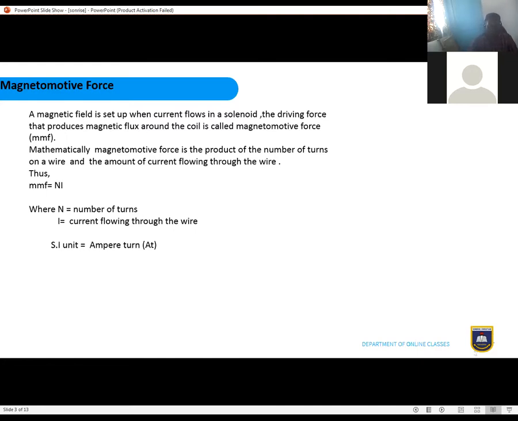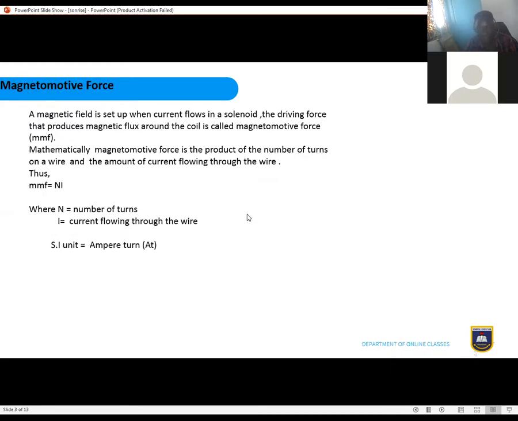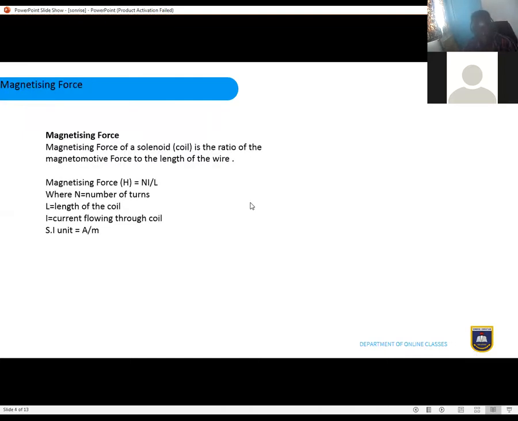Basically, the formula is MMF equals N times I, where N is the number of turns, and I is the current flowing through the wire. So let's continue. That's it for the magnetomotive force. We'll be looking at some calculations under this, but let's go to the magnetizing force also.